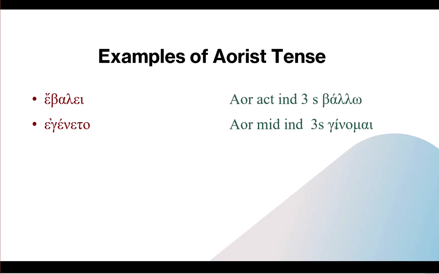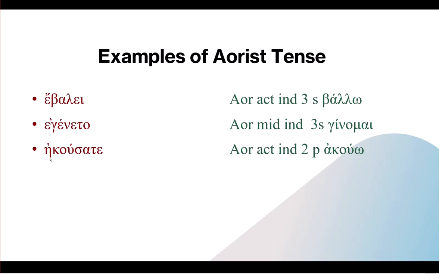So we have from gin to gen, and so it's second aorist. Going back to the meaning of this first one, ebalen would just be he, she, it threw. It's more of a whole picture view of the action. So he, she, it threw. Here we have egeneto, he, she, it became.